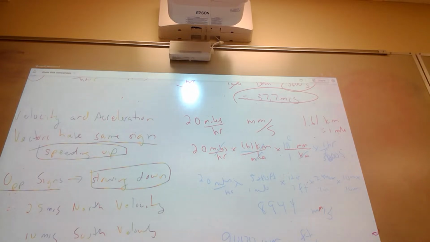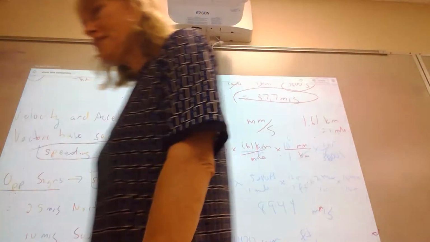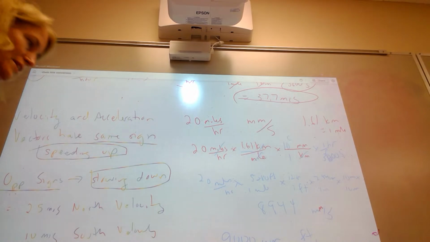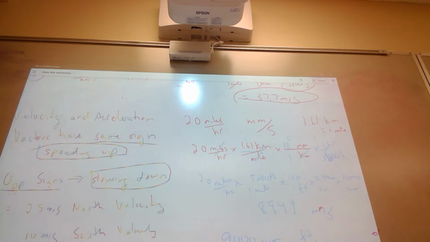And then once you get it in feet, you're done. You don't need to put it in yards. After that you put minutes into seconds. So put micrometers into centimeters, 10 to the 4th micrometers in a centimeter, not 10 to the 4th centimeters in a micrometer. Centimeters into inches, inches into feet.